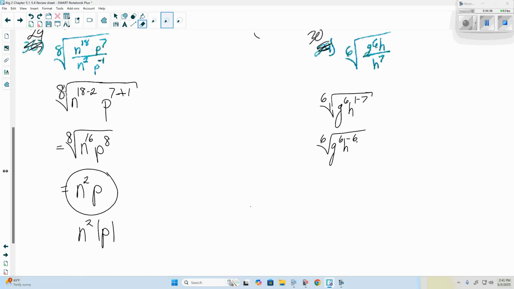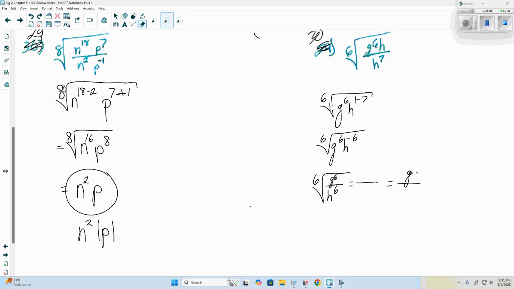Now, before we simplify this radical, we'll need to make that exponent positive. It's going to make it easier to work with. To make it positive, we just put it back on the bottom of the fraction. How many groups of 6 can we take out of g to the 6? 1. So we're just left with g on top.